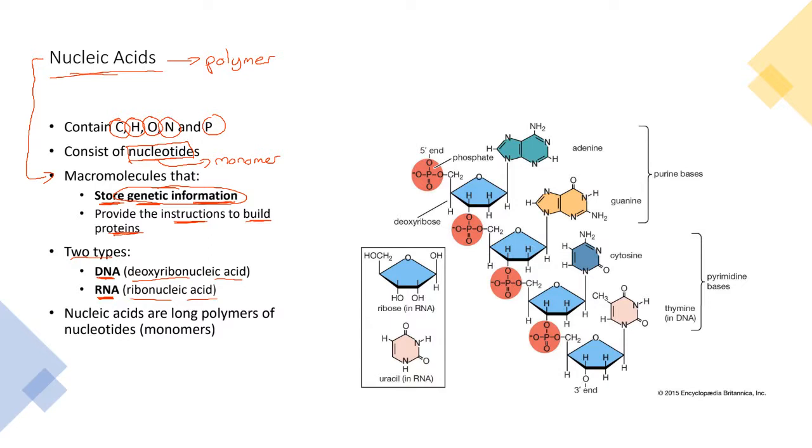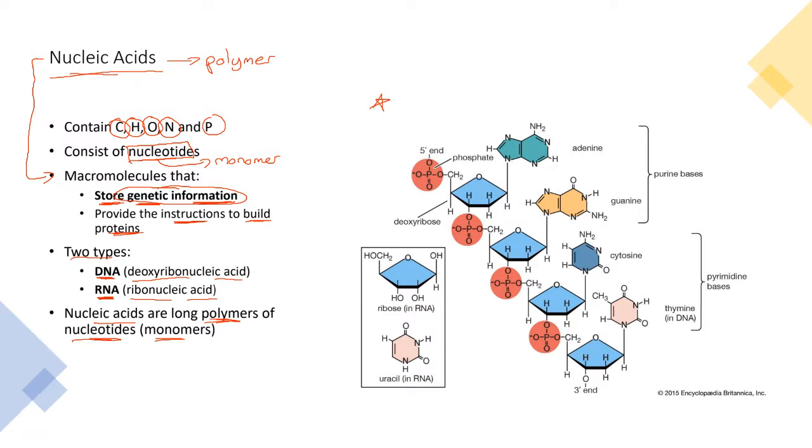Nucleic acids are long polymers, with nucleotides being the monomers. If you can see here in this picture, this is a little bit of an example of what we're going to be seeing. A nucleotide is this part over here.